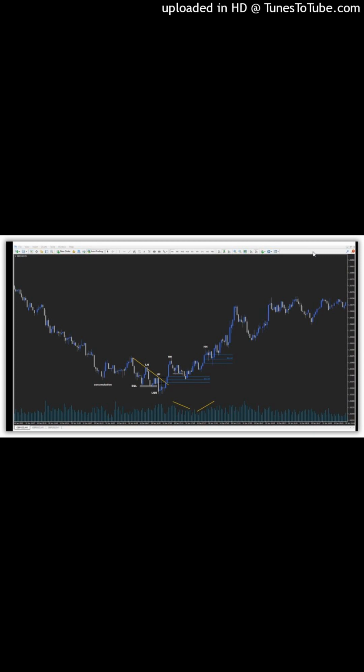So by redrawing this, I now see which candle caused the break of another supply, and here appeared really the true higher high. The structure was broken.